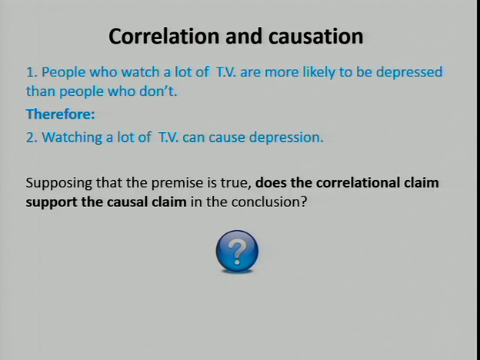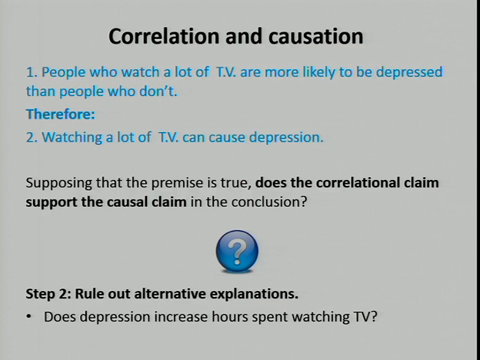Why yes, why no? No, because it could be the other way around. If you're depressed, you're more likely to watch TV. Right, so the first question is, is the direction of the causal explanation even clear? And this seems to be an example where there's no a priori reason for thinking that that's the way the causal connection, if there is one, works.